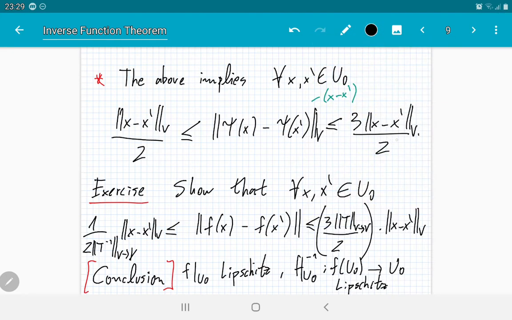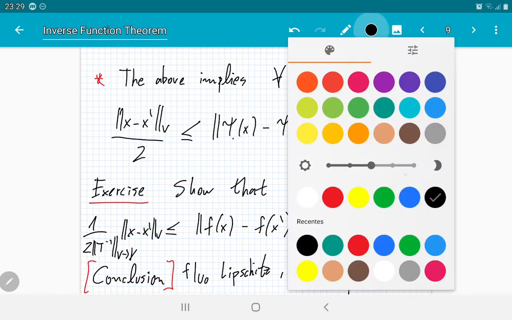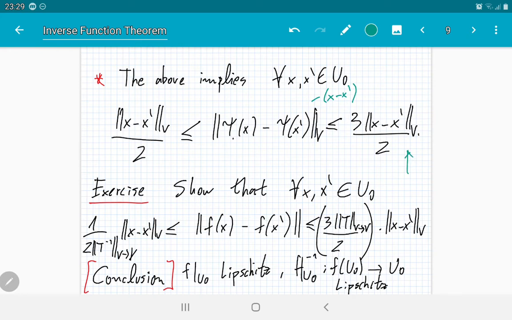And then I can just use the triangle inequality to say that the distance between psi of x and psi of x prime is at most the distance between x and x prime plus this half of the distance, which gives me the upper bound, and similarly I get the lower bound.